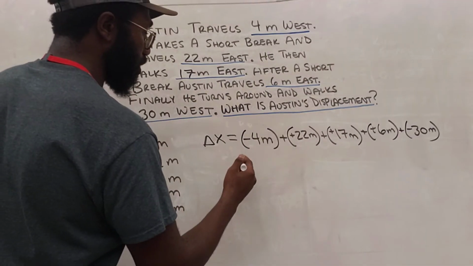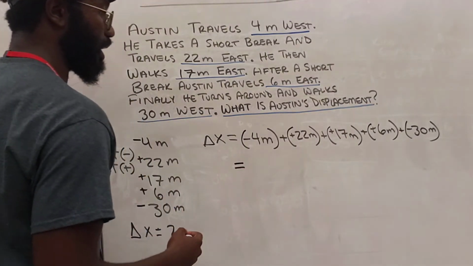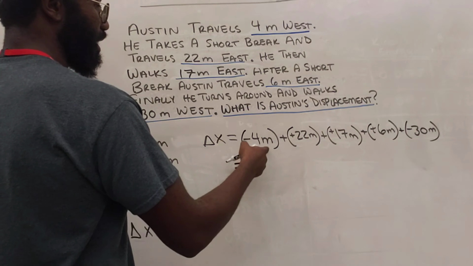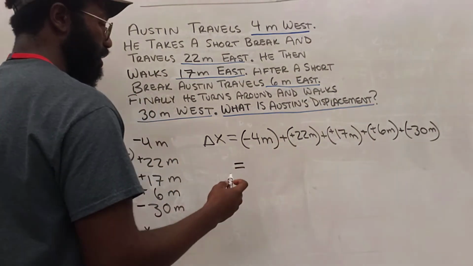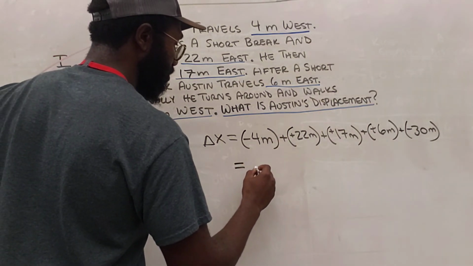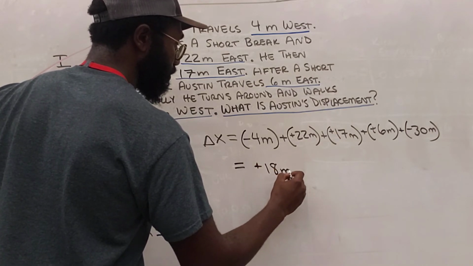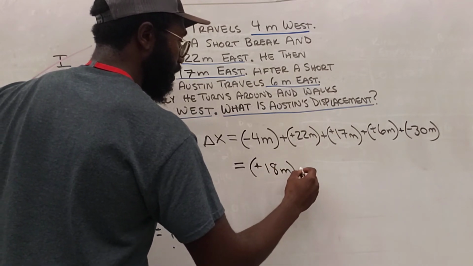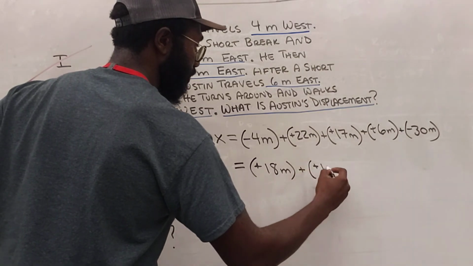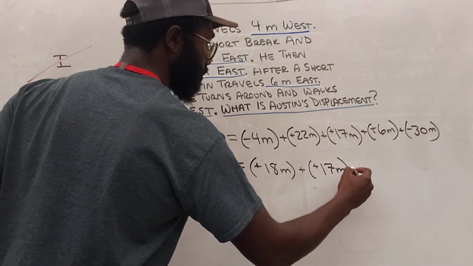All right, so we're just gonna go ahead and combine these, all right? So let's see, -4 meters plus 22 meters. That's going to be a positive 18 meters, okay? Now let's go ahead and carry everything else down.